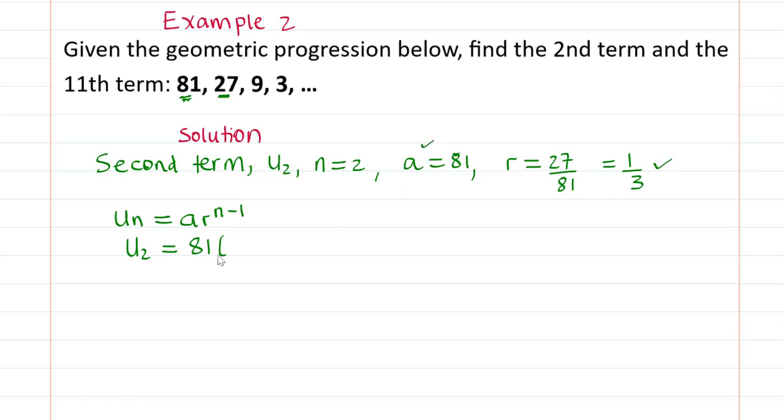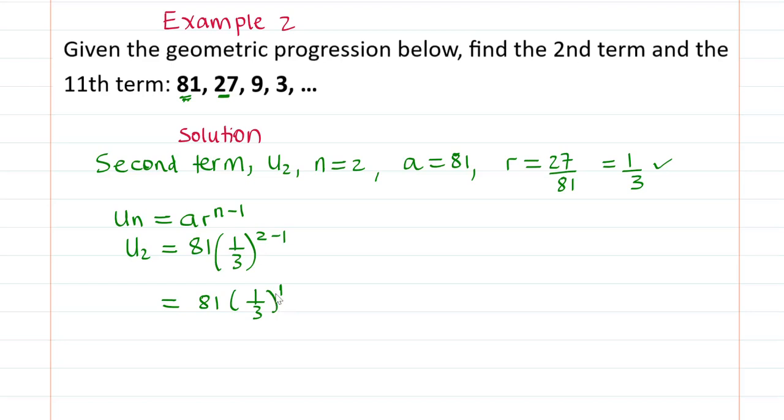Our first term is 81. Then we substitute. So we shall have 81 into r, our r is 1 out of 3, raised to the power n. What is n? n is 2. So 2 minus 1. Therefore, we shall have 81 into 1 out of 3 power 1.